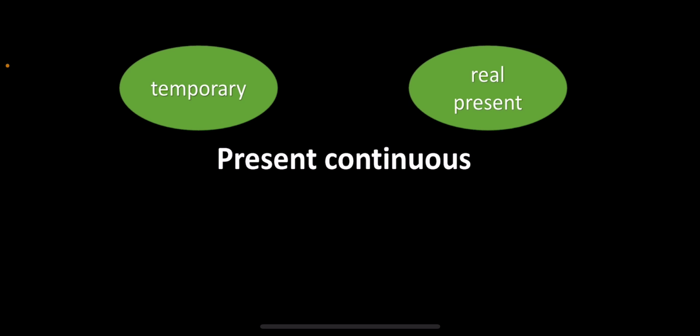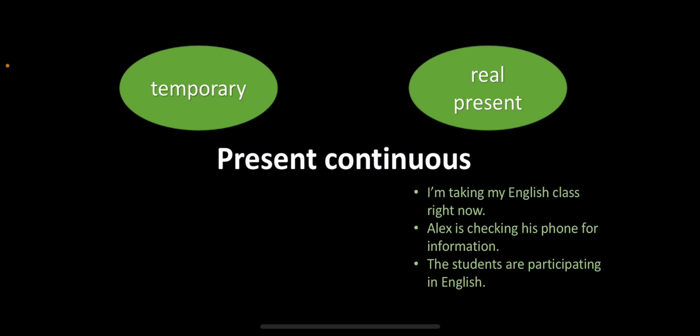We can also use it for real present and say, for example, that I'm taking my English class right now. I'm watching a video right now. I'm speaking in English at this moment. Alex is checking his phone for information, and the students are participating in English. So we use the present continuous to talk about what is happening at this moment.